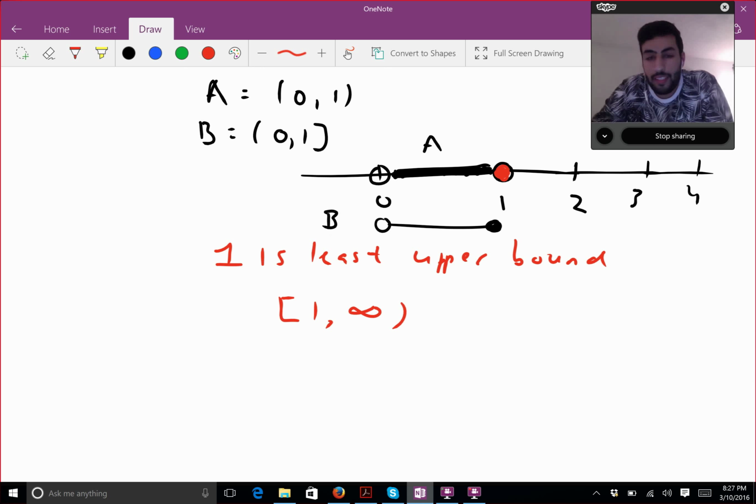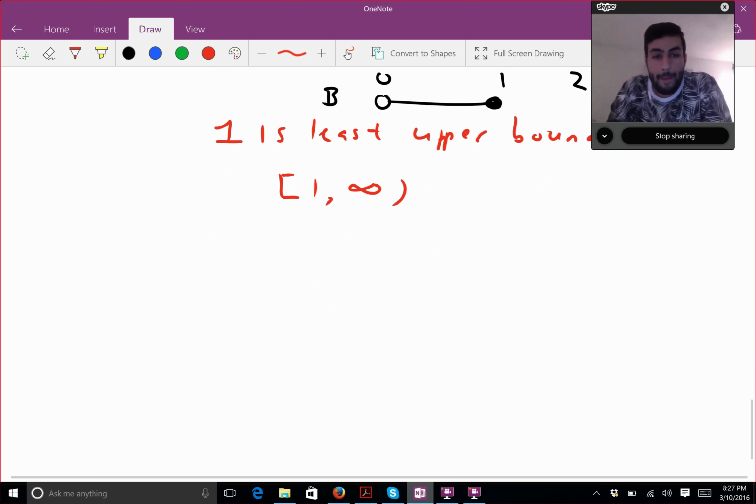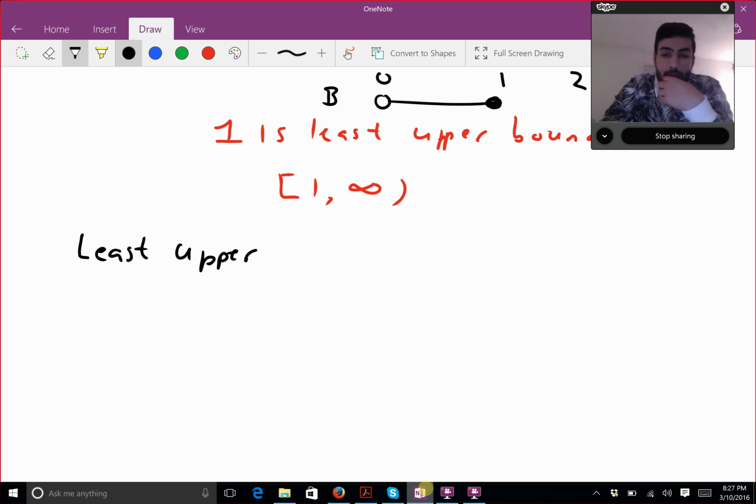Okay. So this is a really important theorem, and so here's something we have to look at a little bit. We need to look at what a least upper bound is. A lot of times you want to prove that something's a least upper bound.